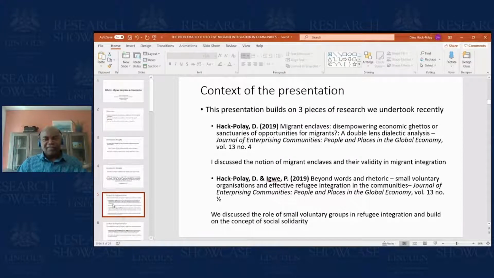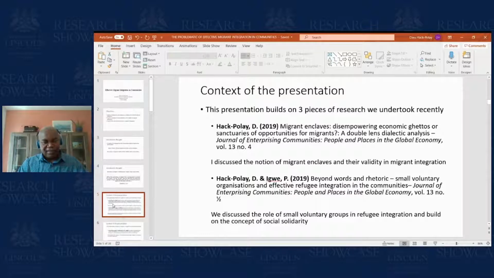So when migrants cluster themselves within enclaves, does it help or hinder the integration process? And again, recently, I've written another piece with my colleague, Dr. Paul Higué, where we look at the role of voluntary agencies in the integration of migrants in communities.